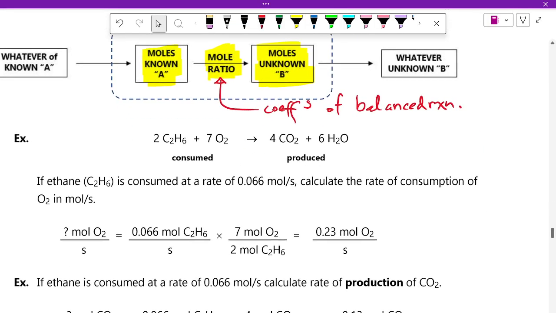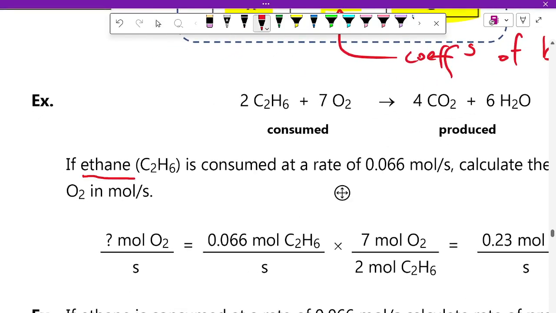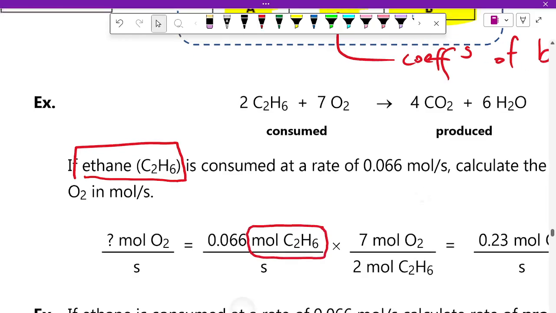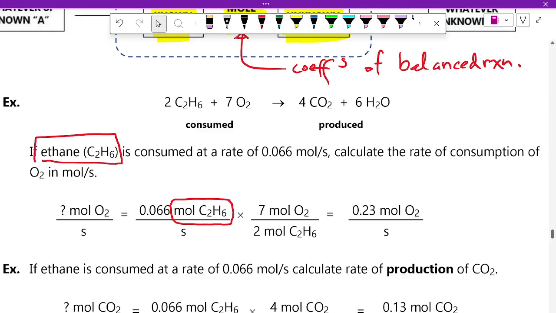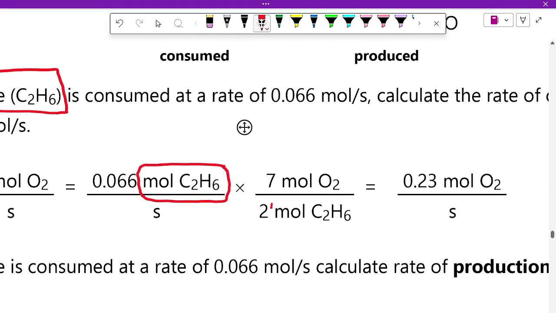So if I give you a rate for consumption of ethane, and it is consumed at 0.66 moles of C2H6 per second, and I want the rate of consumption of O2, I can cancel my moles of ethane and find my moles of O2.